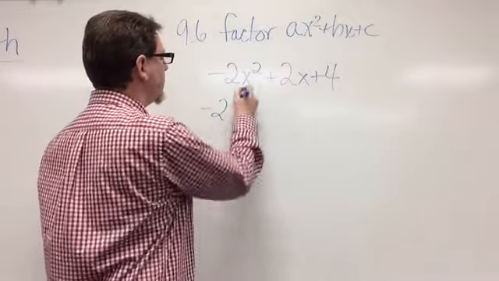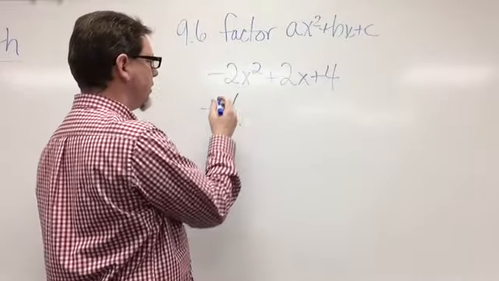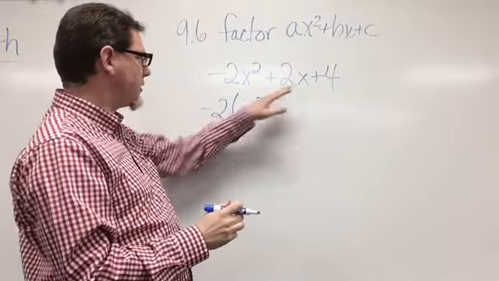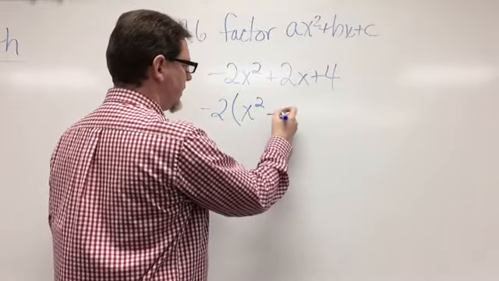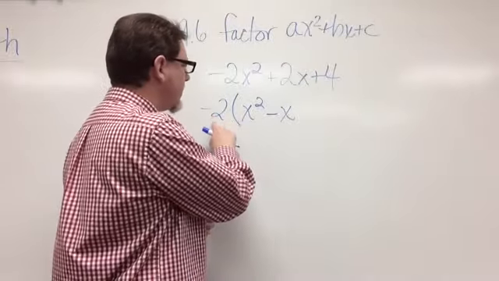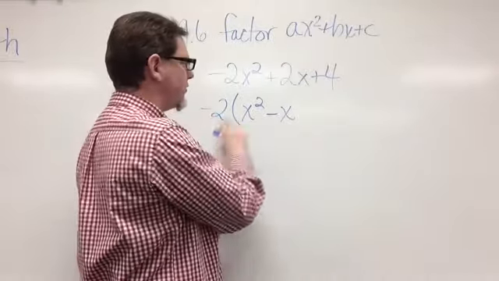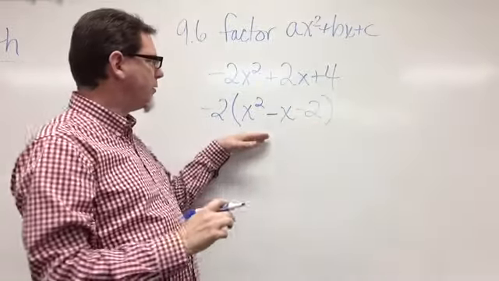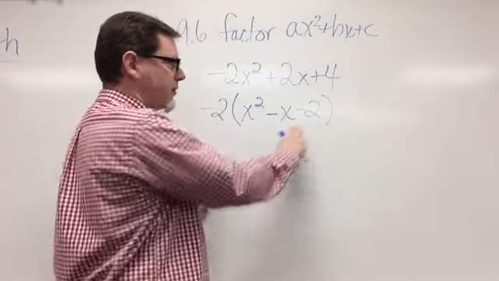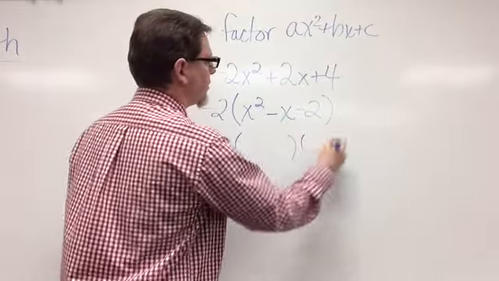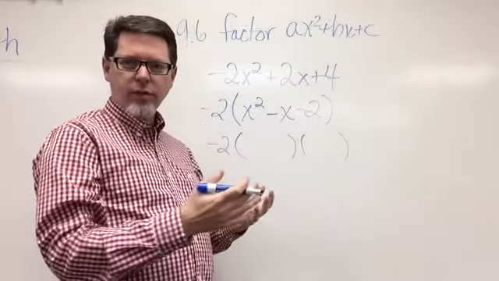So I'm going to factor out -2, and -2x squared divided by -2 is positive x squared. 2x divided by -2 is negative x, and 4 divided by -2 is -2. So I have now my trinomial of x squared minus x minus 2.